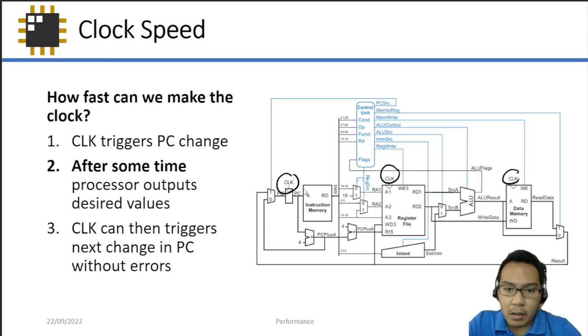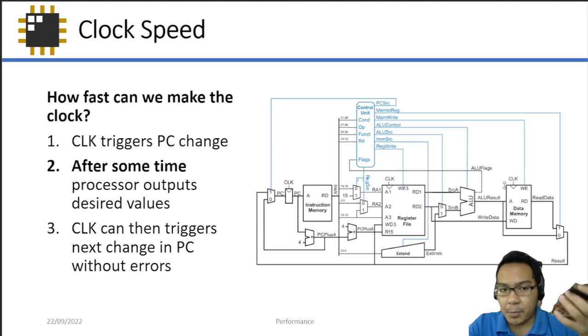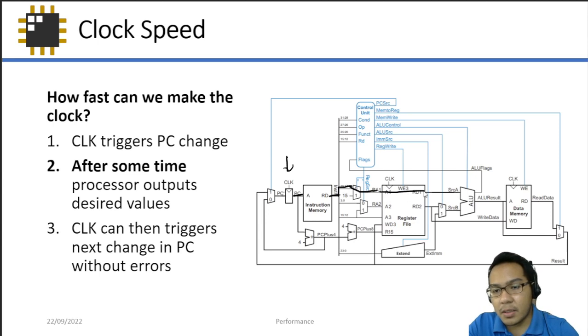So when we think of how an instruction ends up working, basically the clock triggers a change in the program counter. The program counter is fed into the instruction memory. The instruction comes out. Different parts of the instruction go to different parts of the circuit.